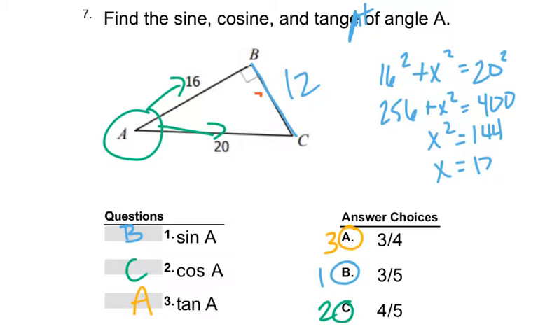That's how I got that one. And then if I want to do the tangent of A, remember that's my opposite over my adjacent, so 12 over 16, which reduces to 3 over 4.